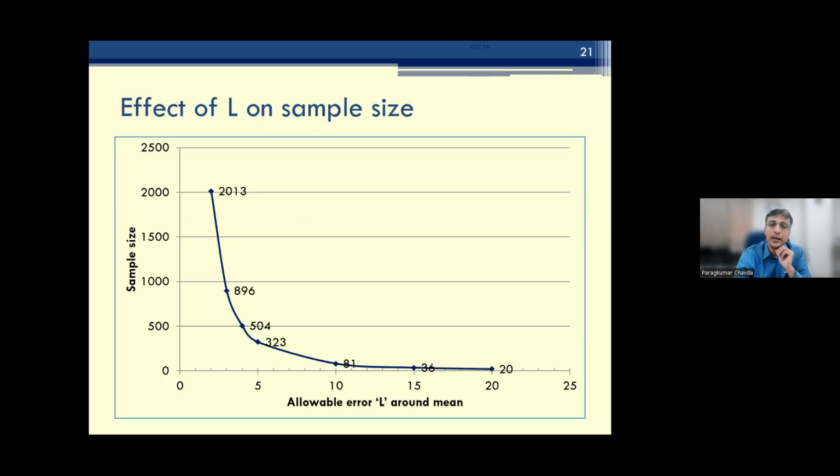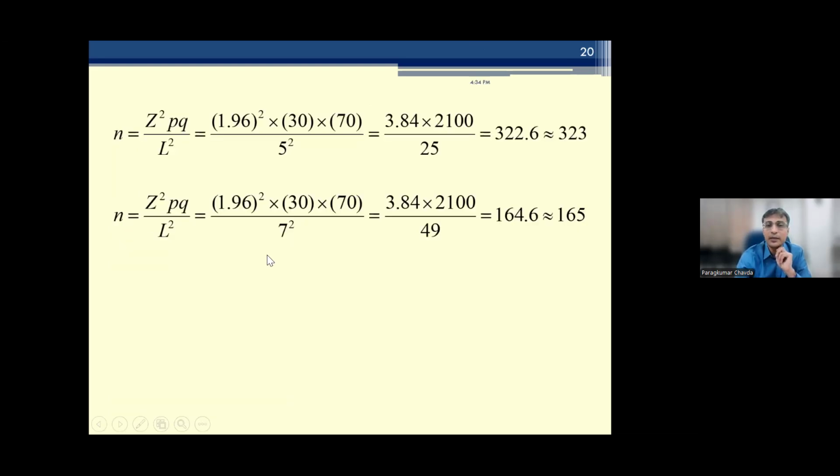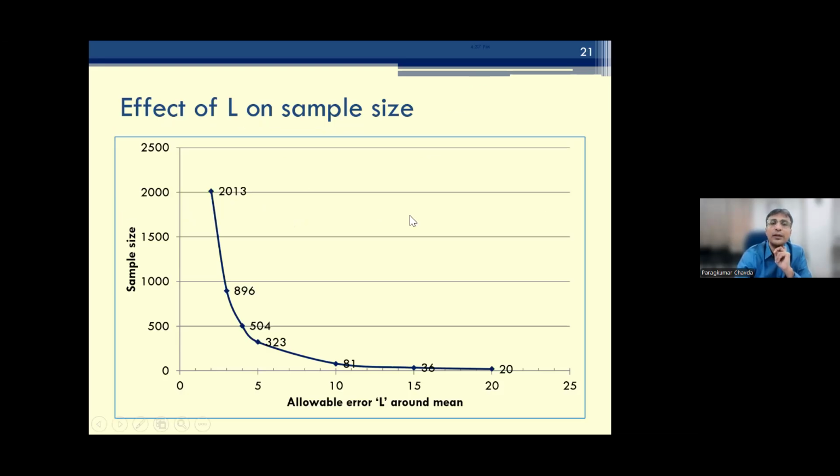This diagram shows that since allowable error is in the denominator and is squared, it is not a linear line. At, let's say, 2% allowable error, the required sample size was 2000. If you want to be that precise, 2% on either side of P, you really need a very large sample size. But if you relax it to 3, your sample size comes down to 900.